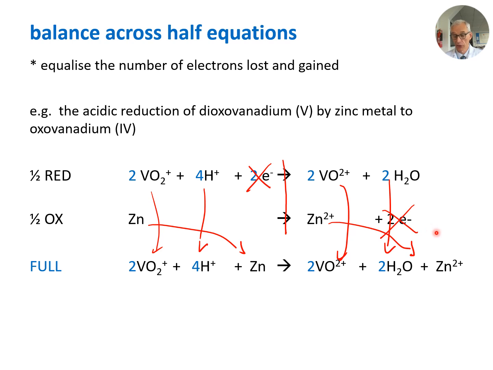The numbers of electrons gained are the same as the numbers of electrons lost. We then sum everything on the reactant side and everything on the product side. Having eliminated those things that appear on both sides, we achieve the full balanced equation.